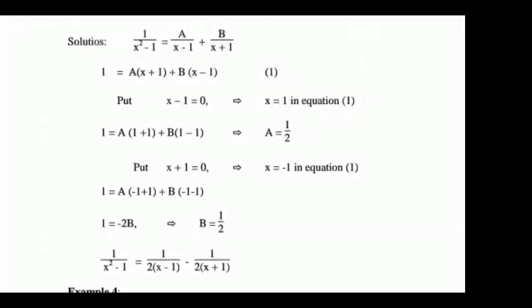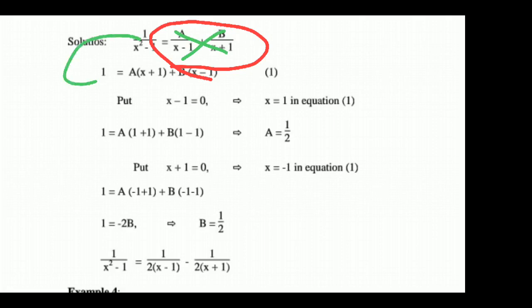Now in the solution of example 3, after simplification, here you are taking two fractions. One is A by x minus 1 plus another one is B by x plus 1. After taking this form, you cross multiply: A into x plus 1 plus B into x minus 1, while 1 remains the same on the left hand side.